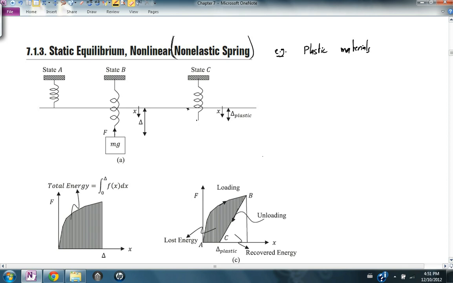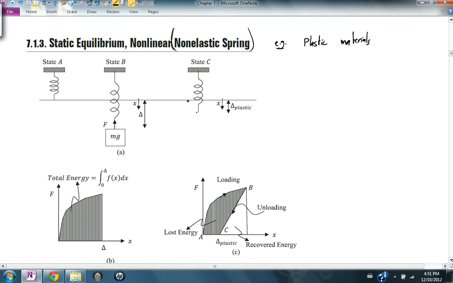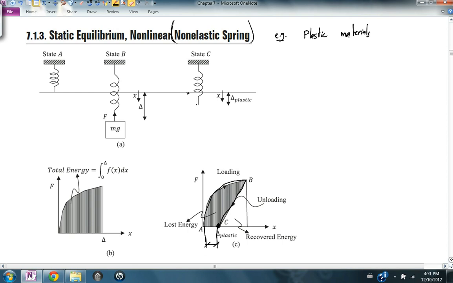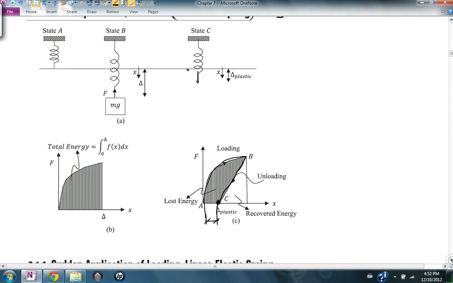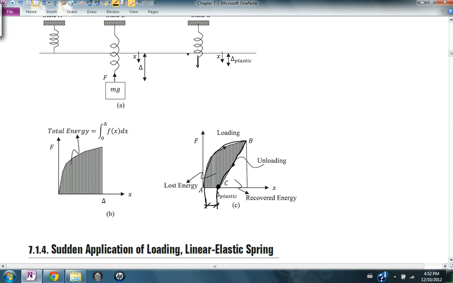And so you end up with a stress strain curve or force displacement curve of the spring that looks like this. As it's being loaded, you're storing energy inside, and when you unload it, you don't go back to its original position, and there is a plastic deformation inside the spring that corresponds to some damage that occurred, or some change of the structure of the spring.